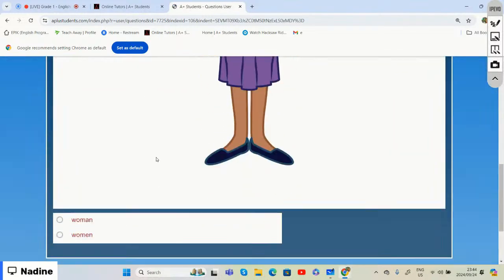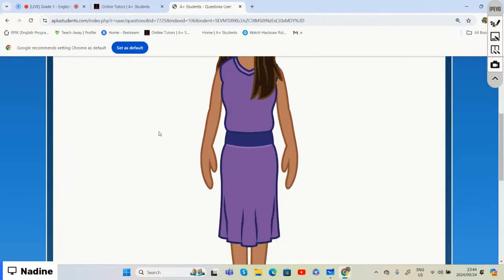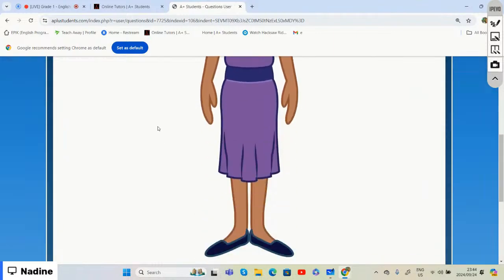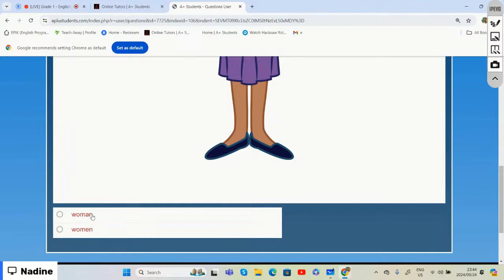All right, look at this one picture. Do we say it's one woman with an A, or do we say it's one women with an E? Which one is correct? Option one for one woman, or option two, one women?